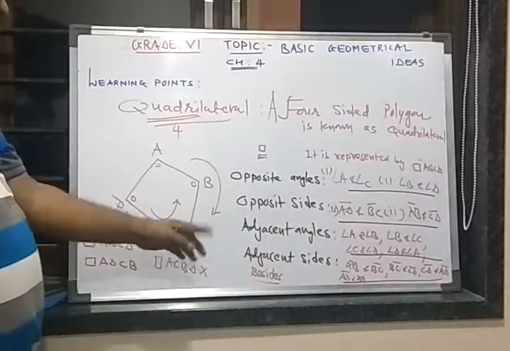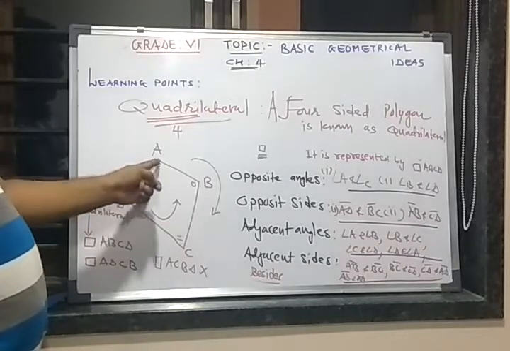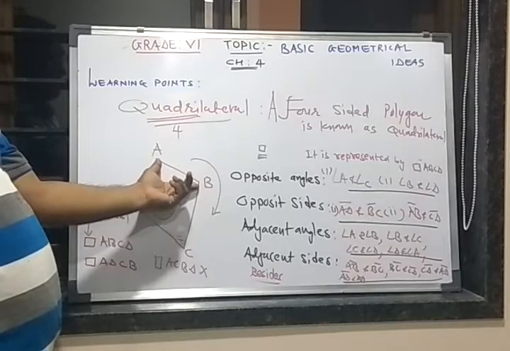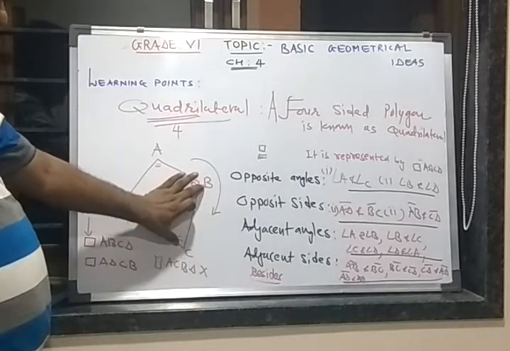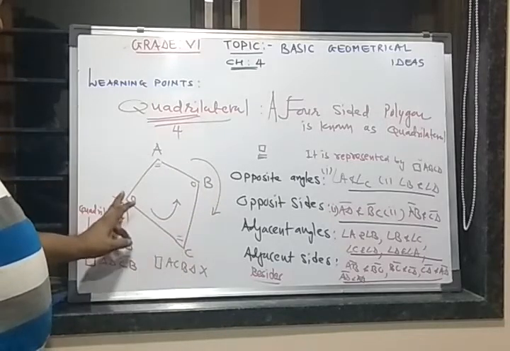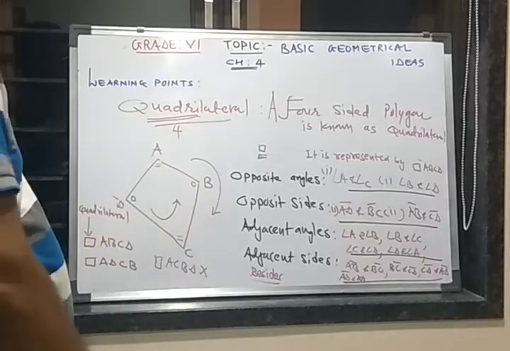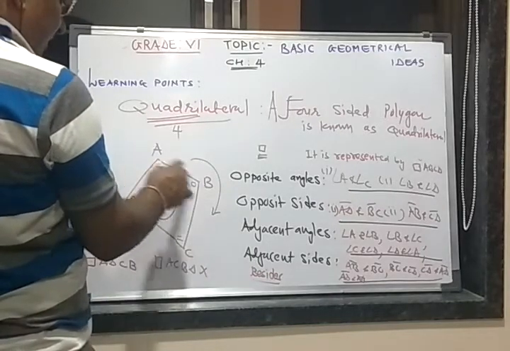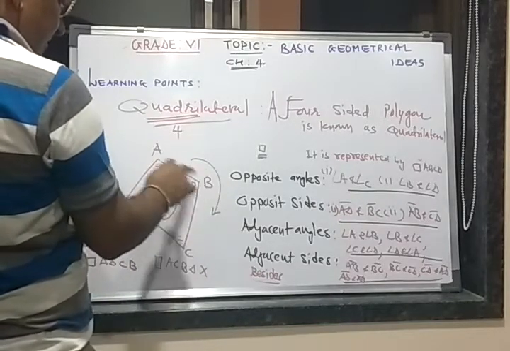So these are adjacent sides. Adjacent angles, angle A and B. Adjacent angles make one line segment. Angle B and C, either A and B, B and C, C and D, D and A. And adjacent sides make angles.